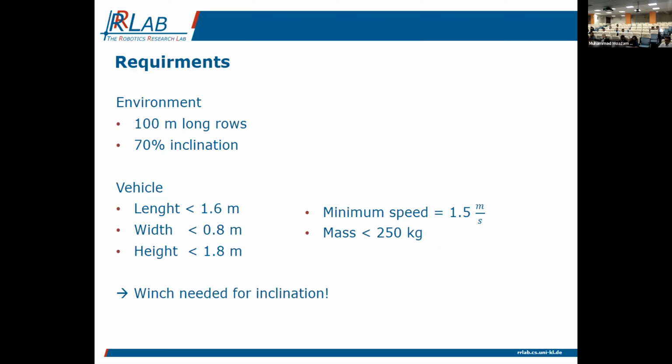These are the requirements we set. And because of the 70% inclination, it is necessary that we use a winch, because otherwise we are not able to handle this slope. Also, because of safety, we need this winch.